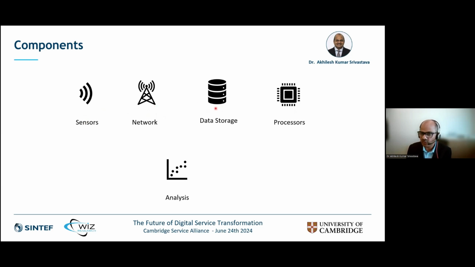Coming to data storage, now our data storage devices have areal densities of data in terabit per inch square. Coming to processors, most of the people in this webinar, I'm sure, have computers with processors, and the transistor counts are in several billions of transistors. And we have seen this huge development in the last few decades.